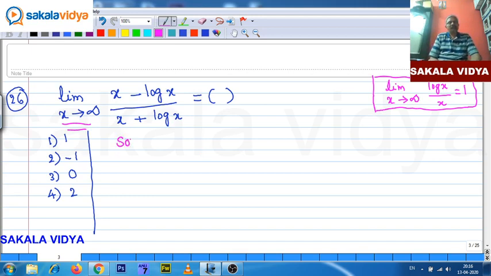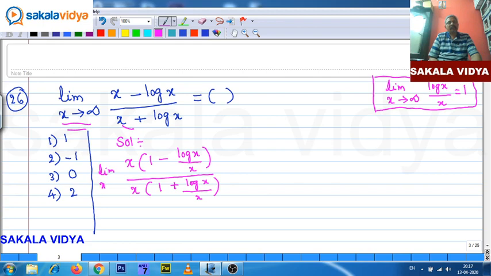Let us see the solution. Here x is taken common from numerator, we get 1 minus log x by x. In the similar manner, take x common from the denominator, x into 1 plus log x by x. Even if you open the brackets, you will get the same thing.